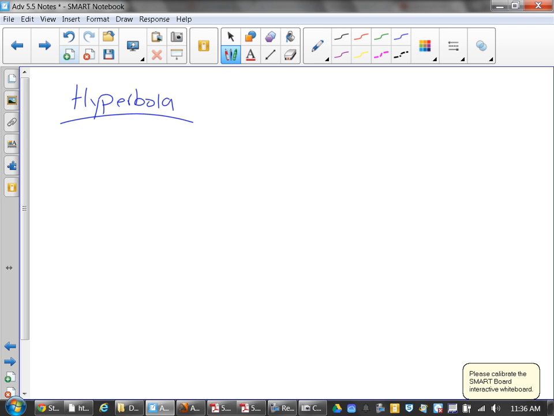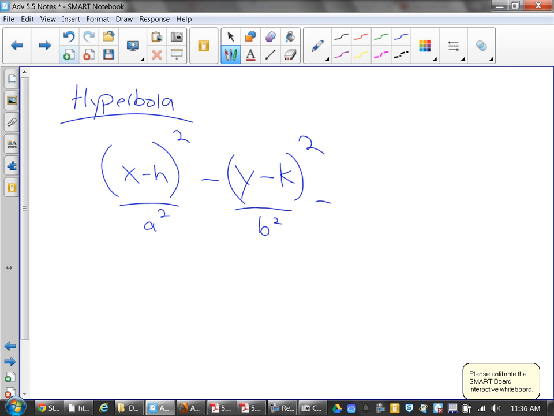Hyperbola. And a hyperbola has an equation. Write it down. A hyperbola has an equation that looks like that. What I want you to see here is these are two perfect squares. Do you agree?